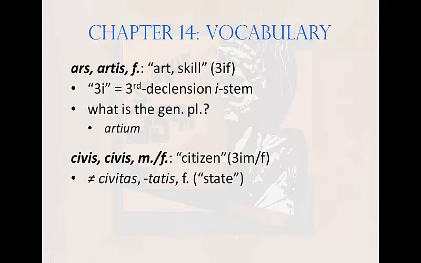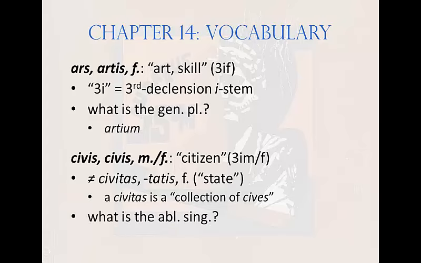Civitas is actually a compound of civis, making it literally a collection of citizens, cives. What would be the ablative singular of this word? That's right, cive, with an E. Masculine and feminine I stems add an extra I only in the genitive plural. No other form is affected.